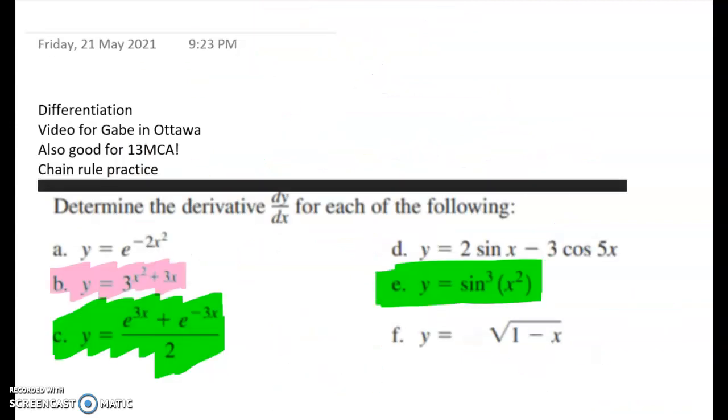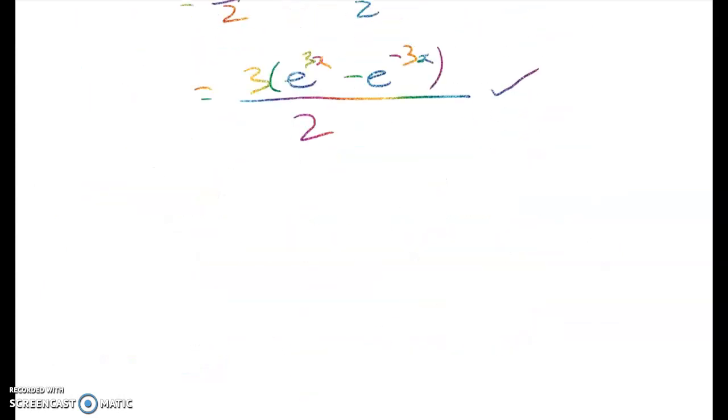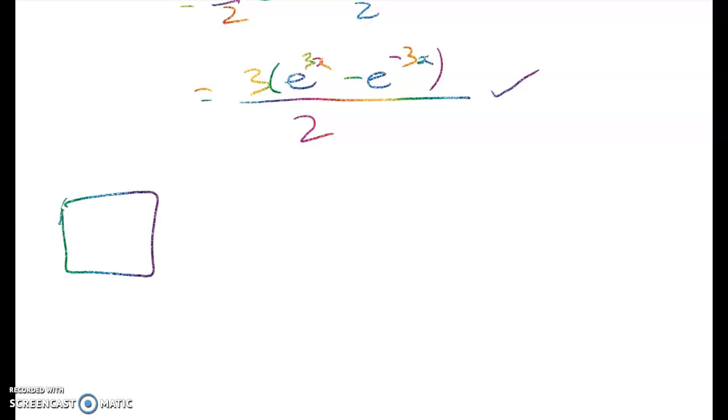So the next question you wanted me to look at was this one here, where I've got a sine cubed thing. So I think it's worth looking at a kind of year 9 picture of a function. I don't know what you call it in Canada, but over here, year 9 is the first year of high school. So the function here is a bit mucky. It's y equals sine cubed of x squared.